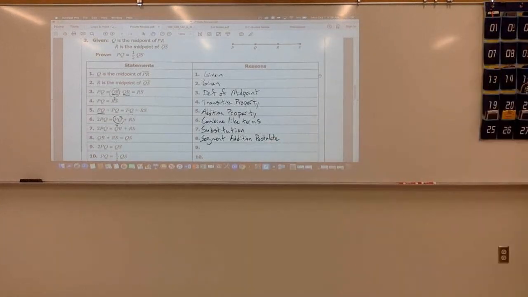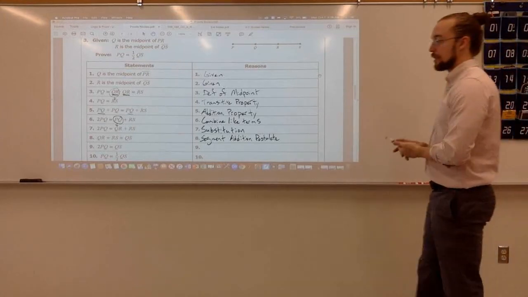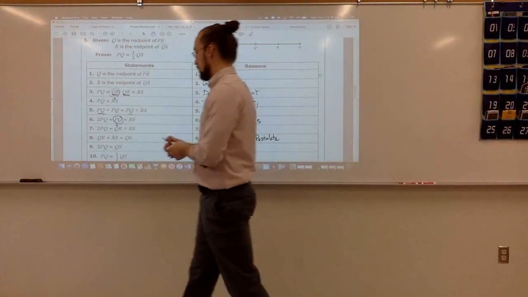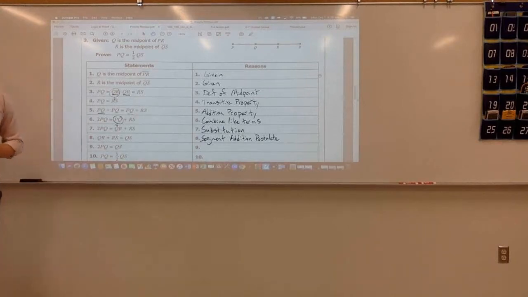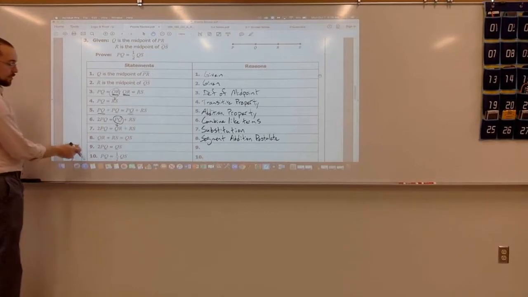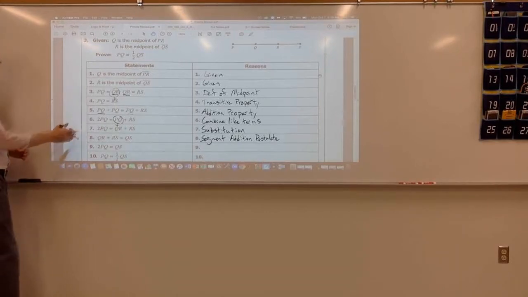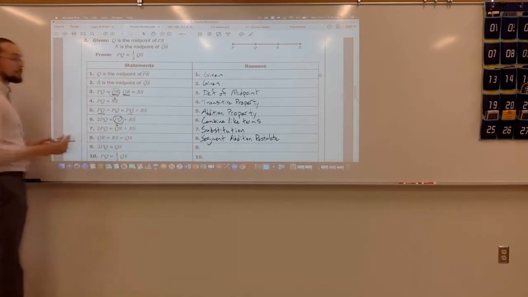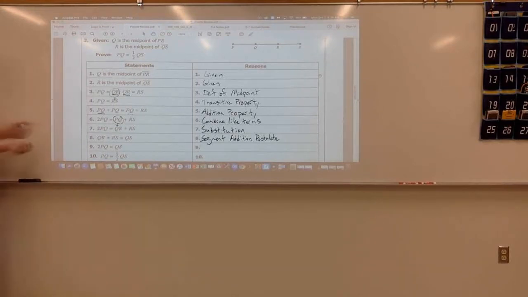They conclude that 2PQ equals QS. Why am I allowed to do that? Yeah. So we would actually have to look back at lines 7 and 8 here.